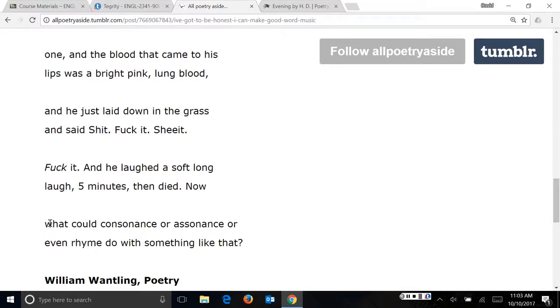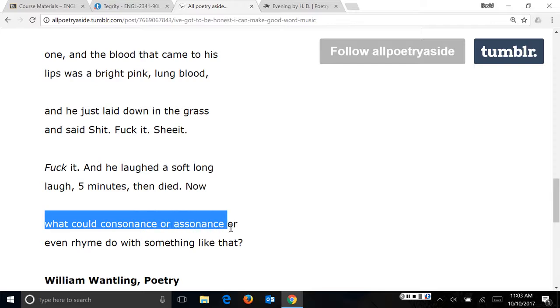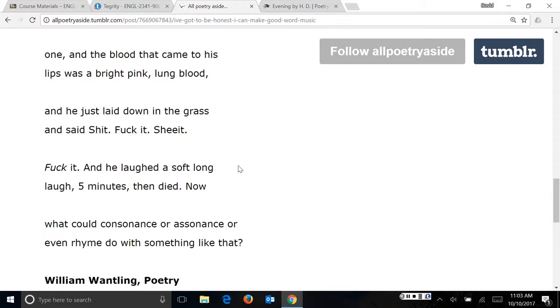And he even comments on it, right? He says, what could consonance, assonance, or even rhyme, which we associate mostly with poetry, do with an image as powerful as the one he sees of one man trying to stab another man in his abdomen, only to be thwarted and then have his own gut pierced and stabbed and die like that, spitting up blood from his lungs.